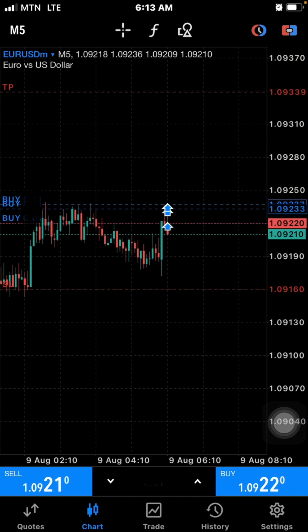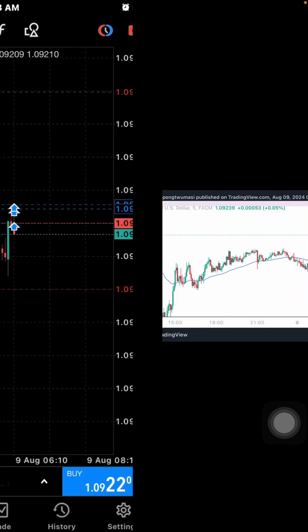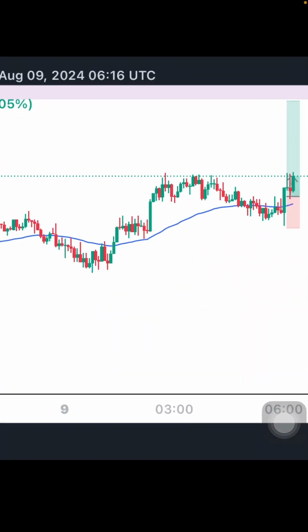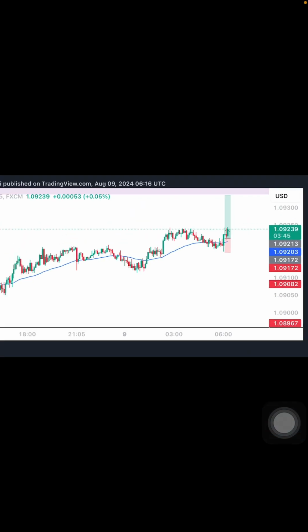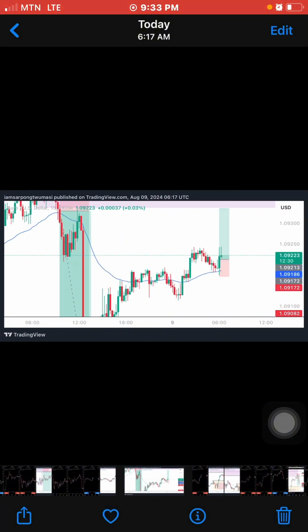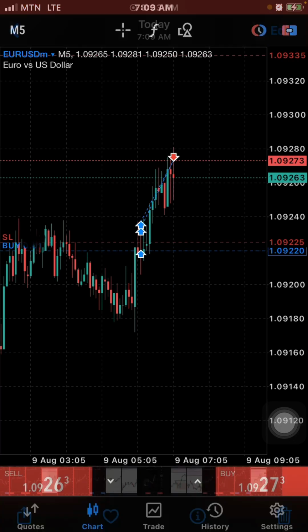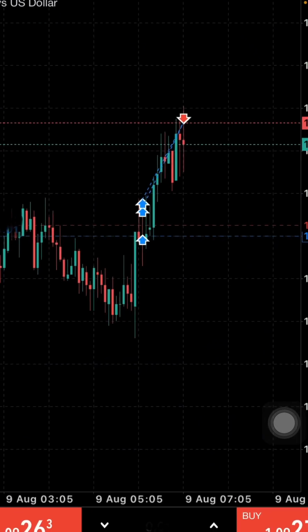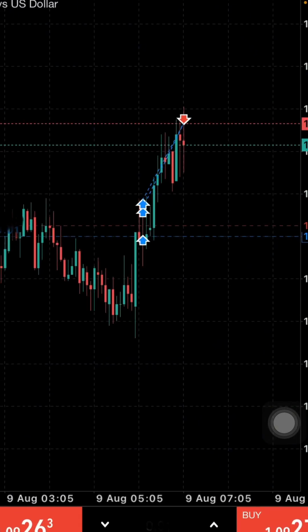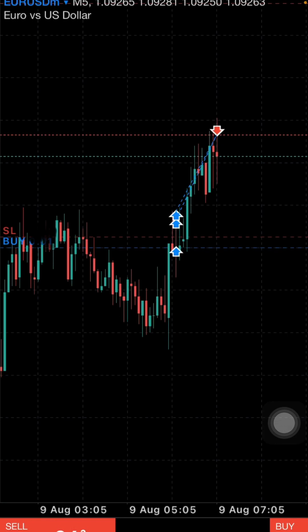So we are going to review that trade today. This is that same trade on TradingView. And this is exactly where I exited the market because of weak reaction of the market. If we look at it on TradingView, you understand better why I exited right there.